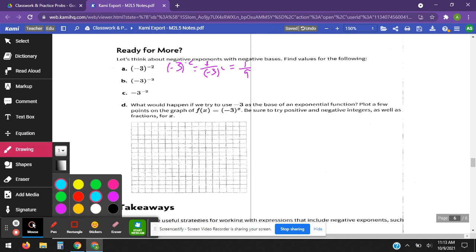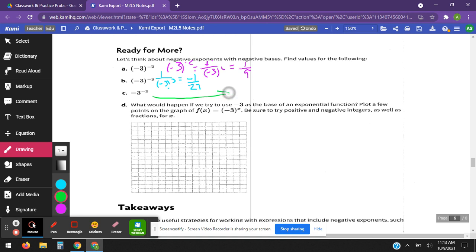The next one is negative 3 to the third. So it'd be 1 over negative 3 to the third, which is negative 1/27, because if we multiply 3 negatives together, we get 27. I forgot to do 3 times.